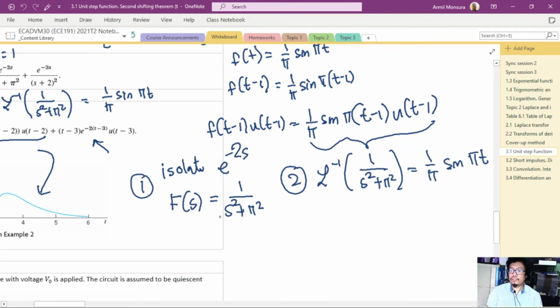So step 3. Since you now have f of t, you now produce f of t minus a from f of t.